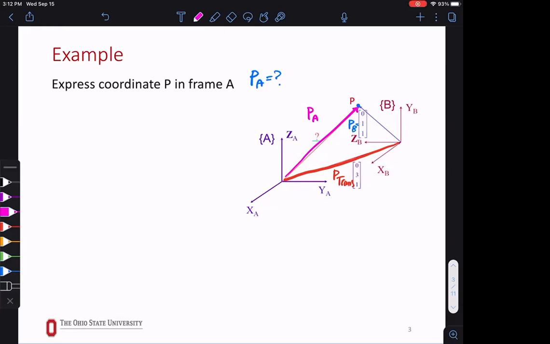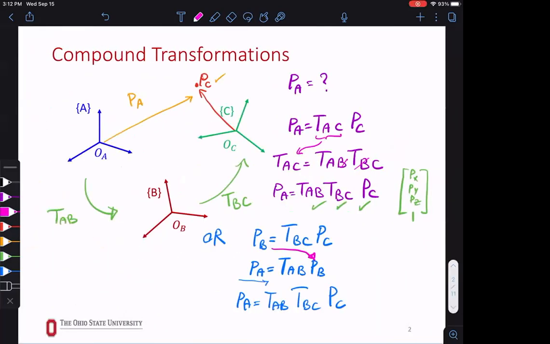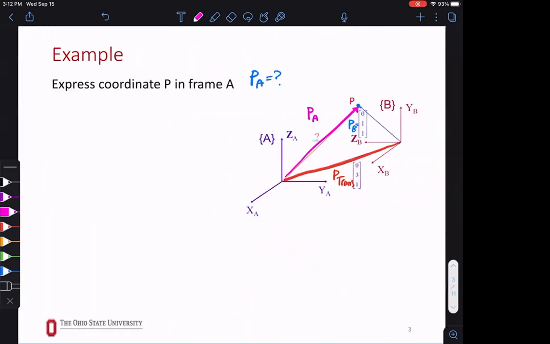We just learned from here, if we want, for example, PA, right? So what is PA? How can I relate PA to PB? What's the transformation? TAB, right? So I have PB. If I can find TAB, I have PA.